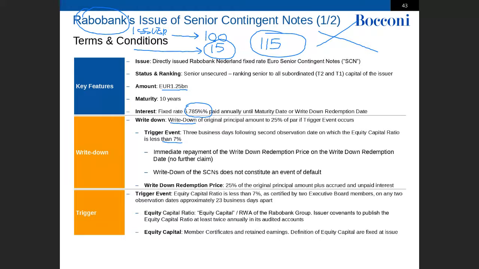So the write-down does not address the anxiety, but at least it reduces the complexity from a technical standpoint.